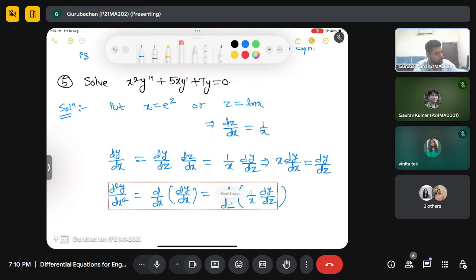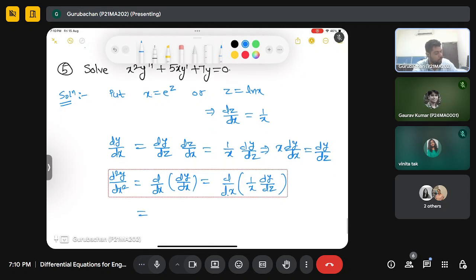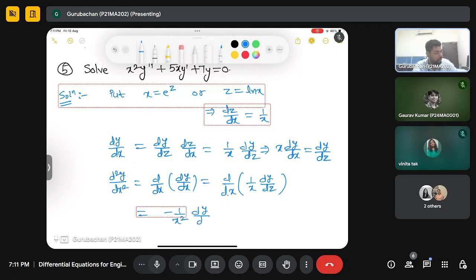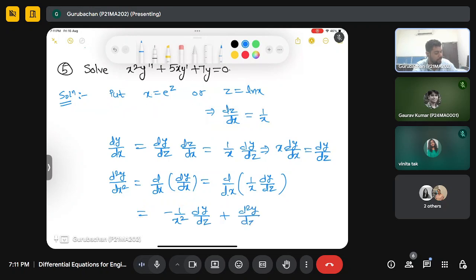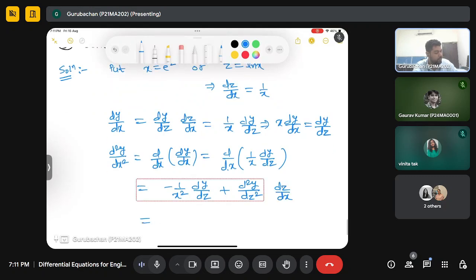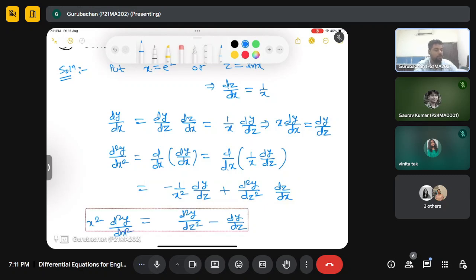So it will give you minus 1 by x square dy by dz, and the other factor will be d square y by dz square. I am applying chain rule, dz by dx. So it will be x square d2y by dx square equal to d2y by dz square minus dy by dz.